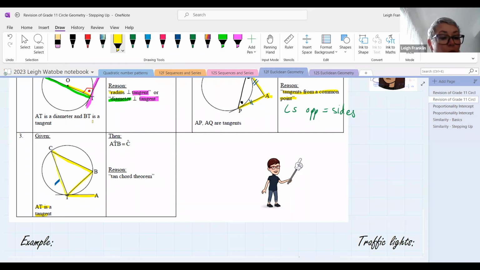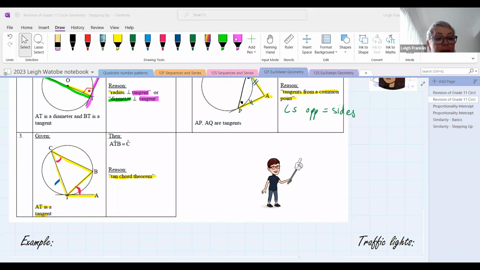So here what we say is that the angle between the tangent and the chord, so again, here's the tangent, there's the chord, is equal to the angle in the alternate segment. Because the angle between the tangent and the chord is equal to the angle in the alternate segment, if we have to use this, we refer to it as the tan chord theorem. Hopefully that rings a bell as well.